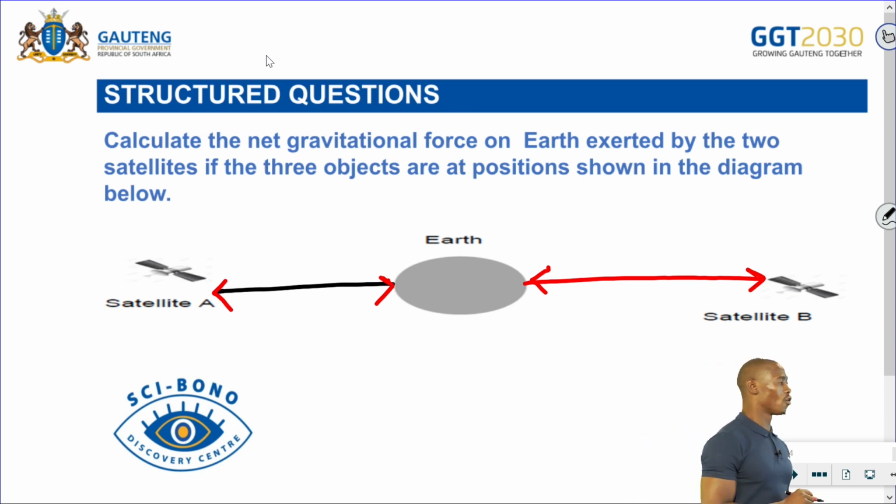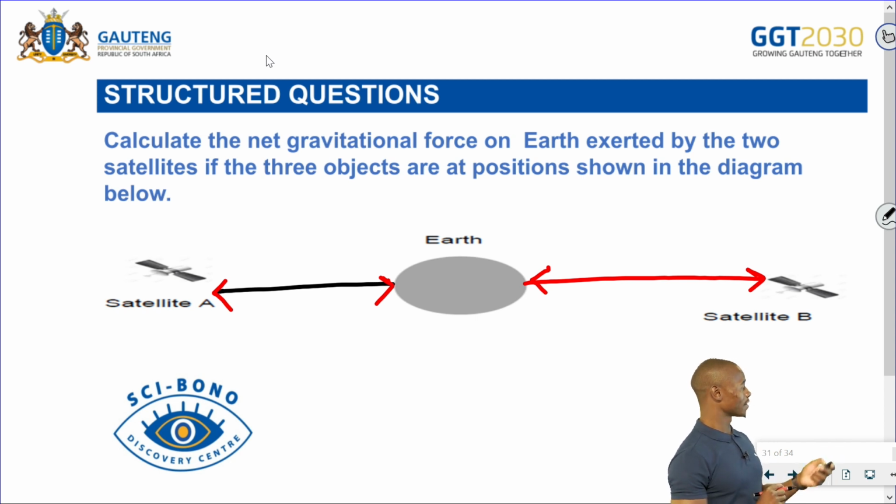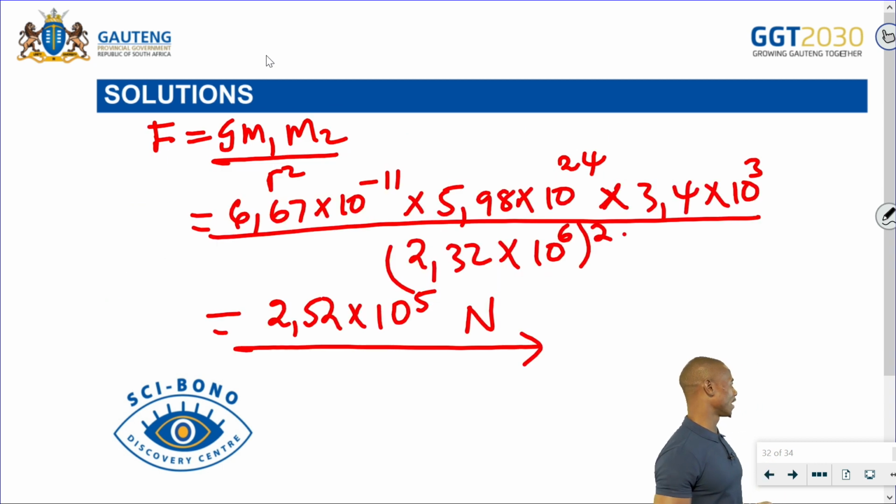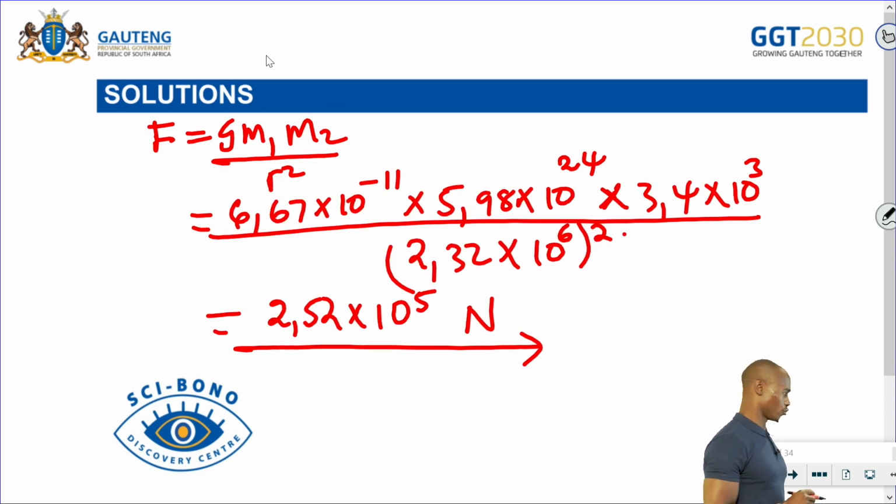Then for the first satellite, what did we get? We got 2.52 times 10 to the power 5 newtons.